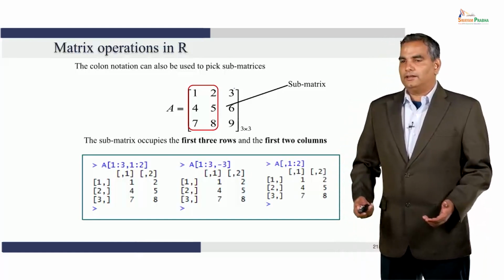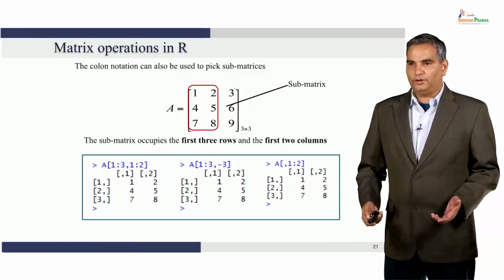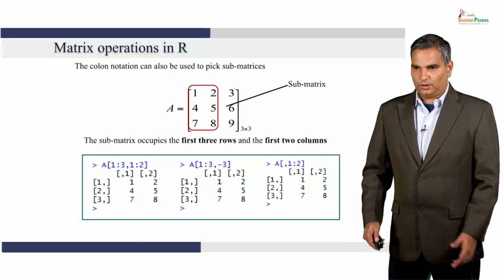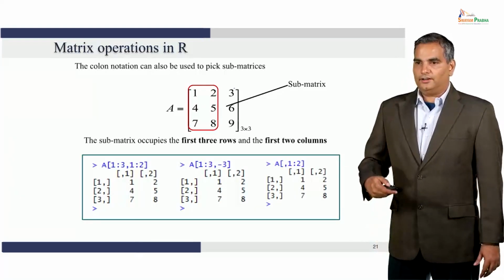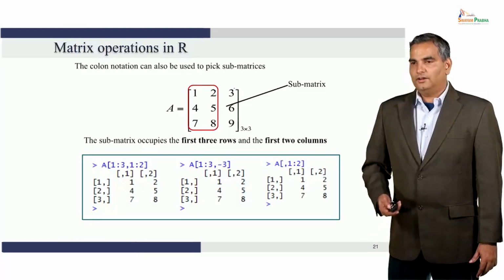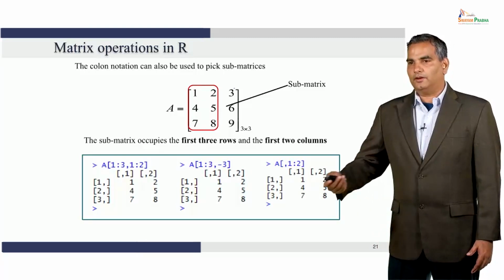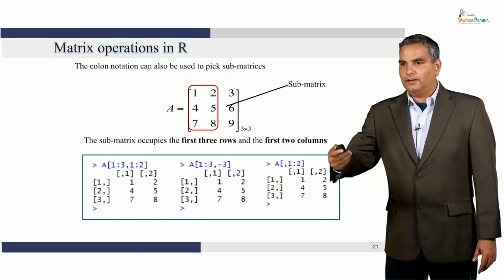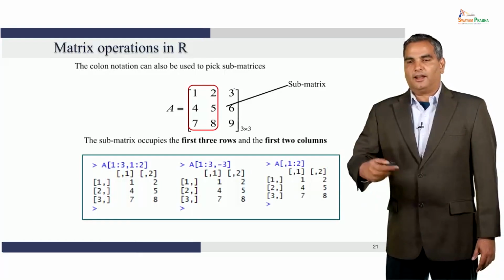You can also get submatrices, many ways of doing this. So here, for example, if I want to just get the first two columns from the matrix, we already saw one way of doing this, which is basically to say A with minus 3 would leave out the 3, 6, 9 column. There are other ways of doing it.